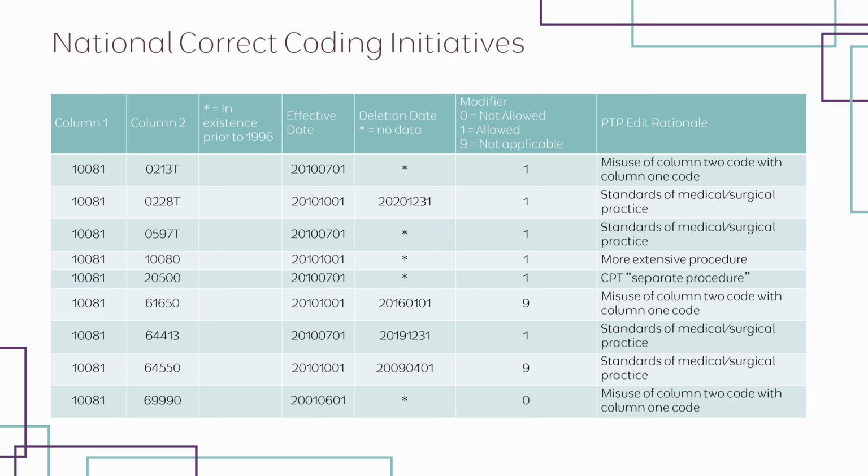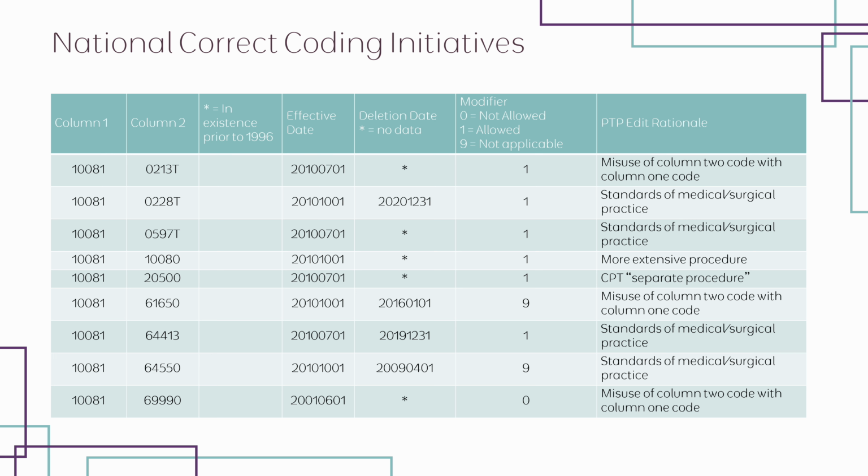The 9 is typically used for code pairs that were deleted on the same date that they became effective, and its primary purpose is to ensure that no blank fields appear within the database. When a modifier is appropriate to bypass an edit, the modifier is applied to the column 2 code in the column pair. This allows you to override the edit, but only when documentation supports the use of the modifier.